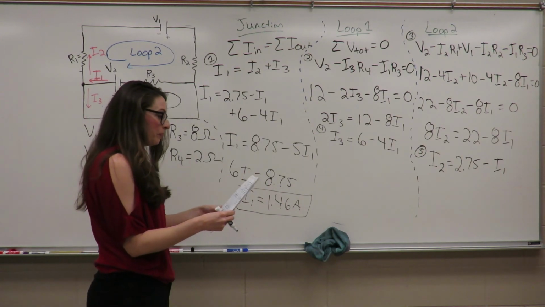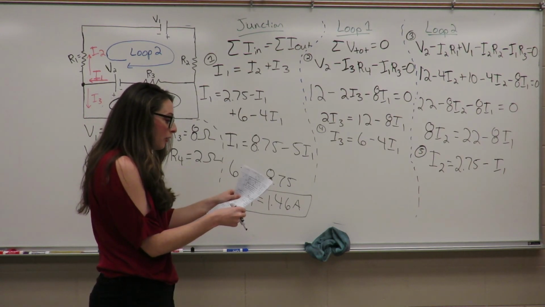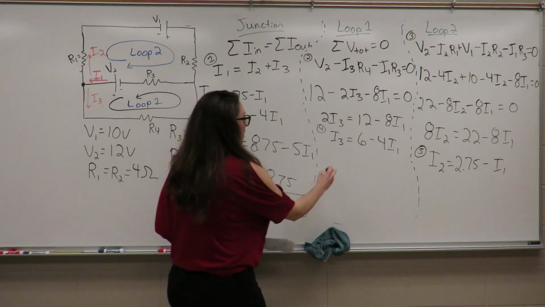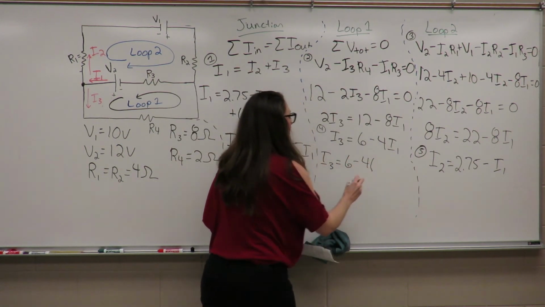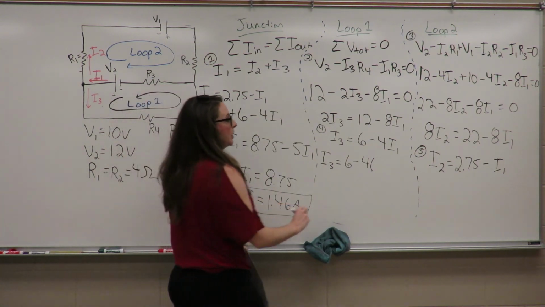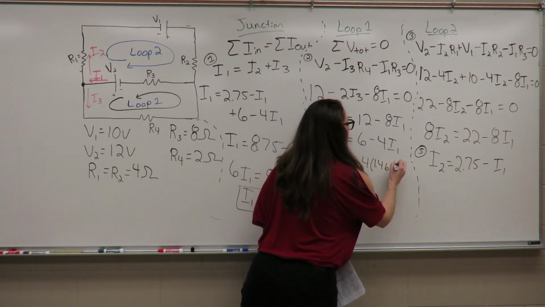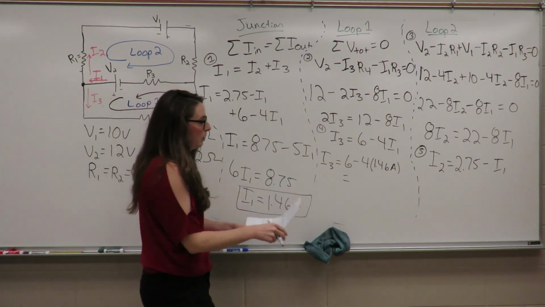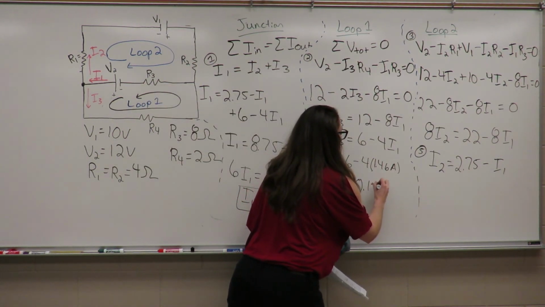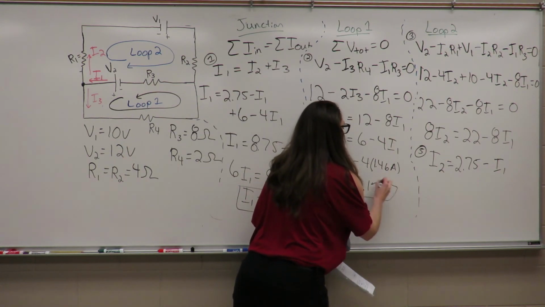So if I go ahead over here and say I3 is equal to 6 minus 4 times my 1.46 amperes, then I find that I3 is equal to 0.17 amperes. Okay?